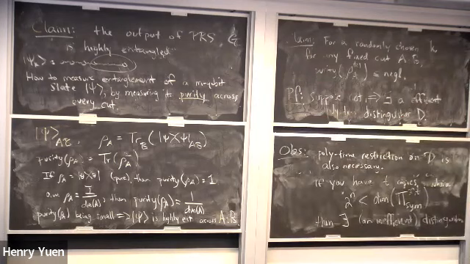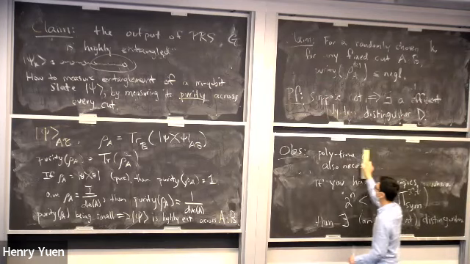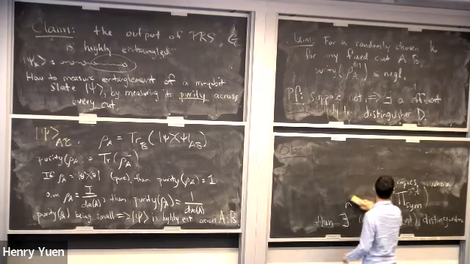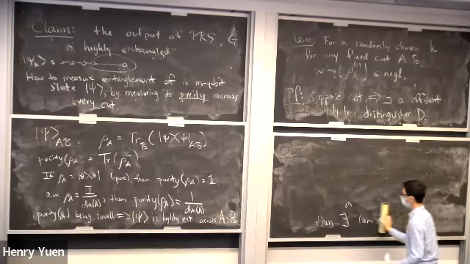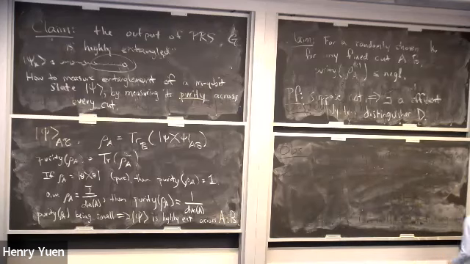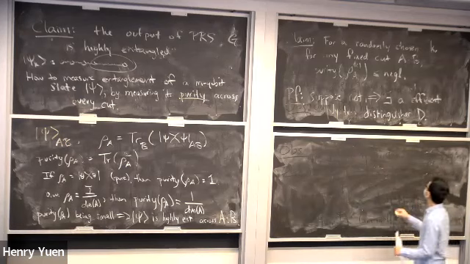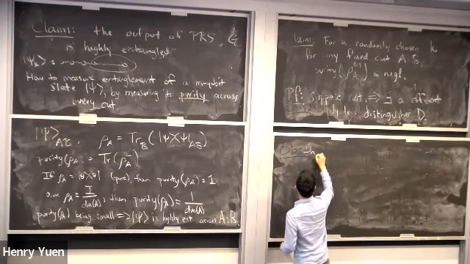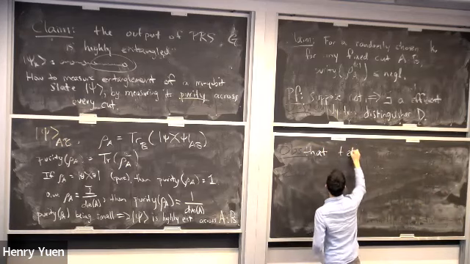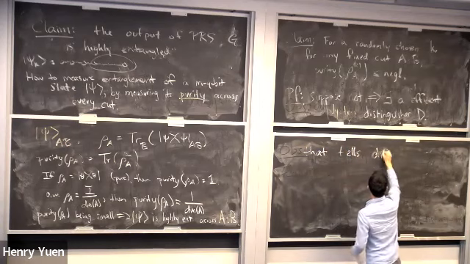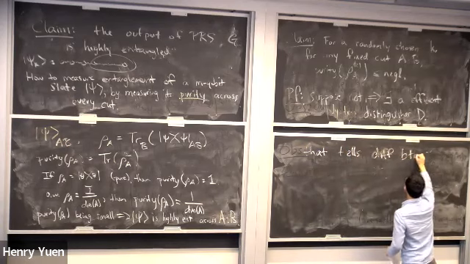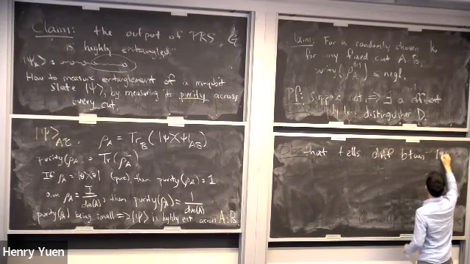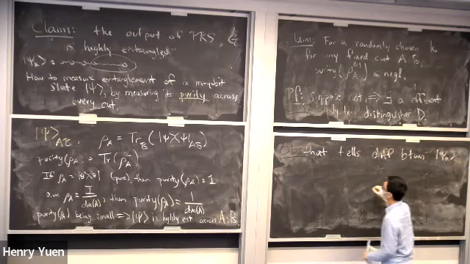So that would be a distinguisher D that tells the difference between psi k and the Haar random state.